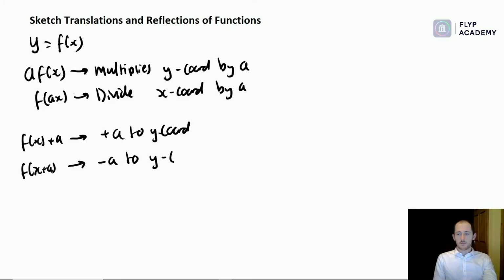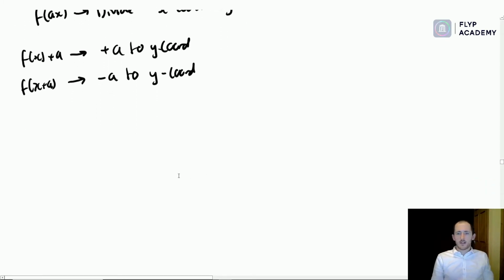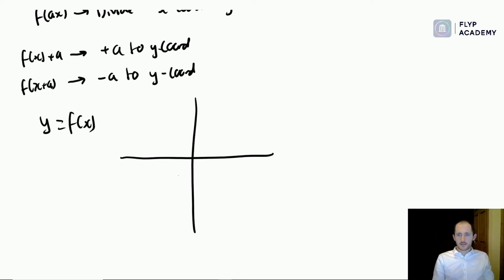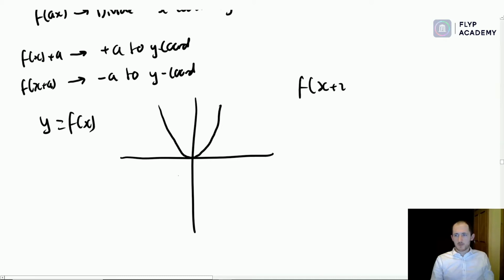So the way I like to remember it is that if it's outside the bracket, it does what it says and it does it to y. If it's inside the bracket, it does the opposite and affects x. And you just need to be able to sketch this. So if we take an example, let's say that y equals f of x, and we have a graph like this, and initially it goes through the origin, and then they want me to sketch f of x plus 2.